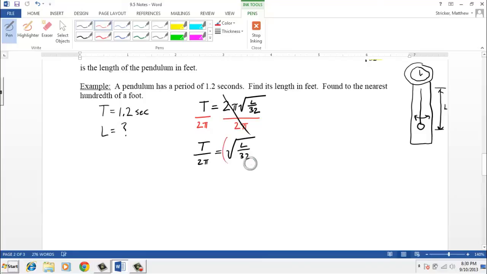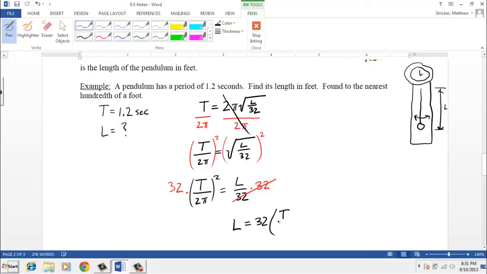And then we got to get rid of the radical, so we of course square, which gives us (T over 2 pi) squared equals L over 32. And lastly, to get that L by itself, we multiply both sides by 32. So we multiply by 32, 32's cancel, and we get L equals 32 times (T over 2 pi) squared.